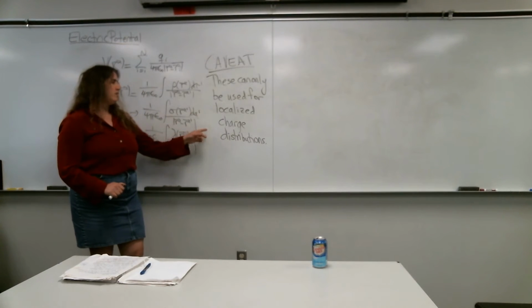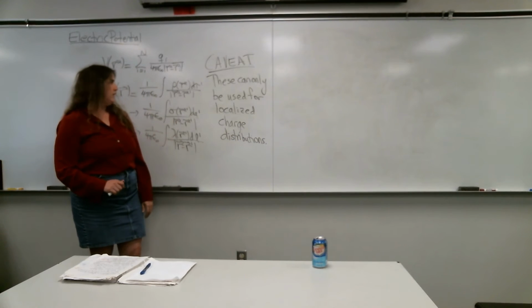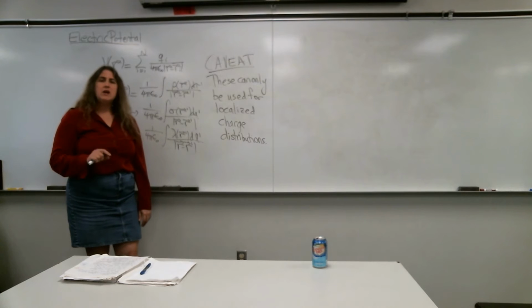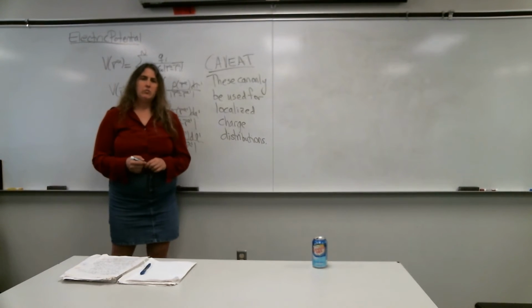So you can't use this if your charge distribution extends to infinity, because you're going to wind up with an infinity here. Okay? So with that in mind, let's look at a few problems. The first one I'm going to do is a line segment.